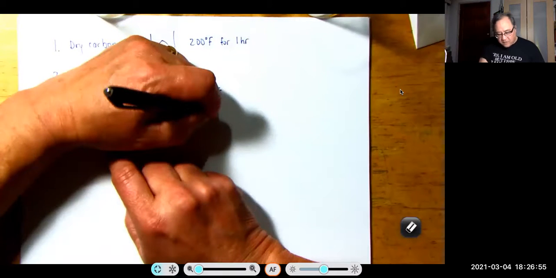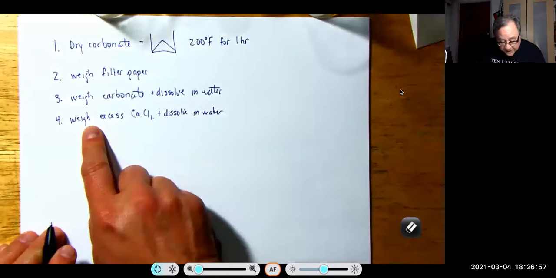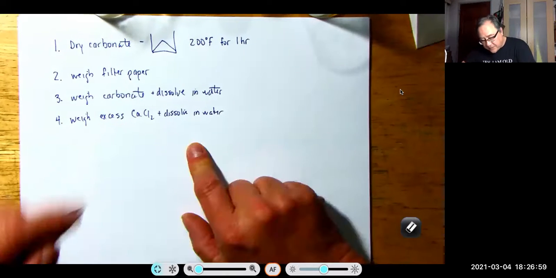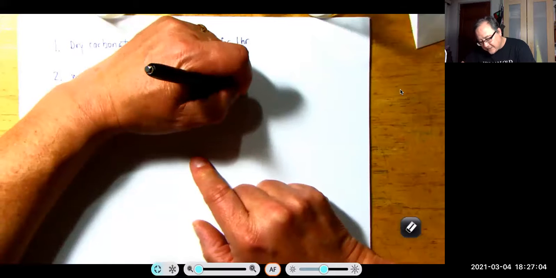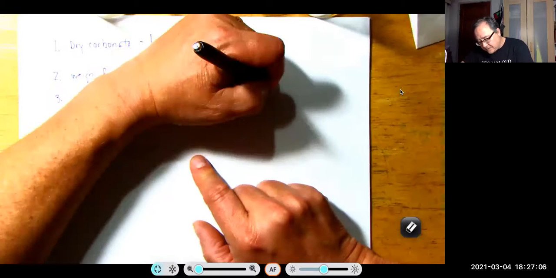And here, for finding out how much excess you need, pretend you have lithium carbonate.